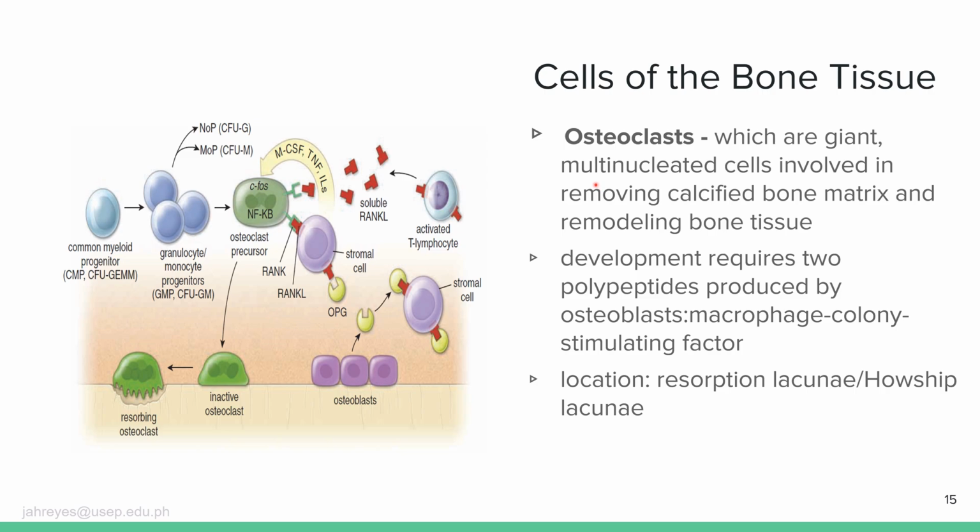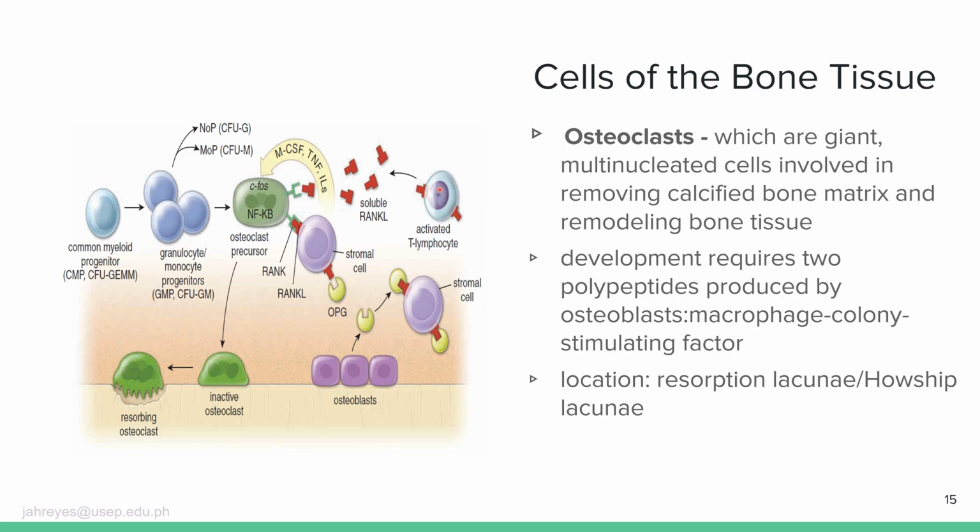Since the osteoclast will express different transcription factors like c-Fos and NF-kB, or nuclear factor kappa B, they also respond to the RANK ligand molecules that are secreted by the T cells.